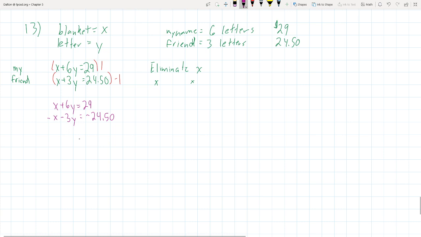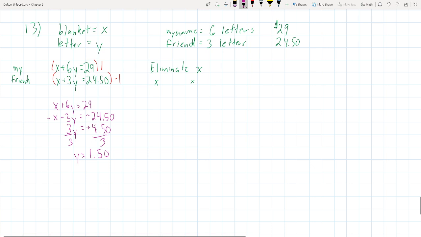So I go 6y minus 3y, and this gives me 3y equals 29 minus 24.50, which is a positive $4.50. Going to divide both parts by 3. So my y equals 1.50.